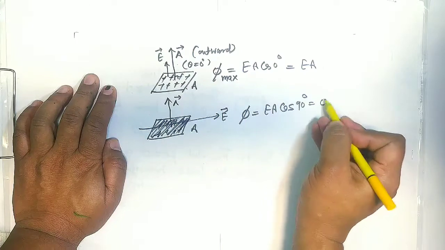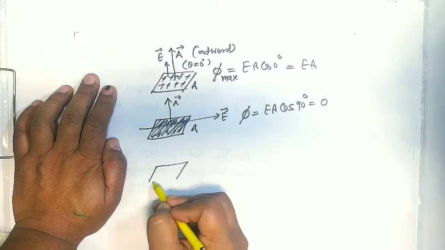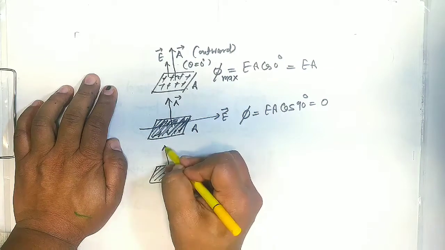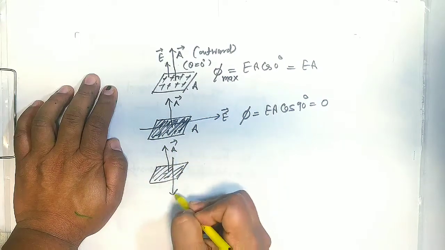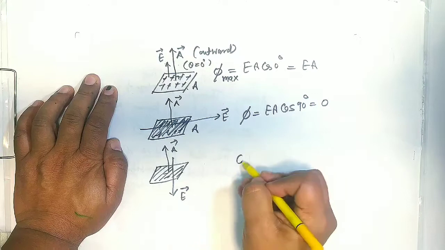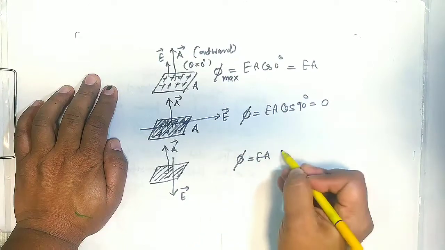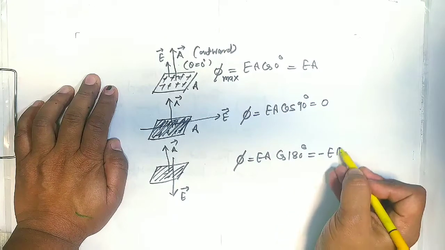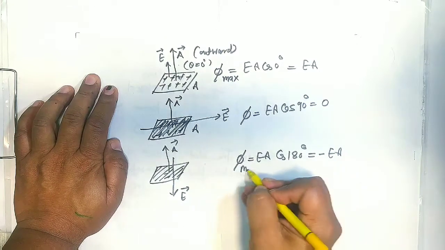So it is 0. Another one is that there is another surface where the area vector is out, but the electric field is down. So tell me what will it be? EA cos 180. So it is minus EA. That is, it is minimum.